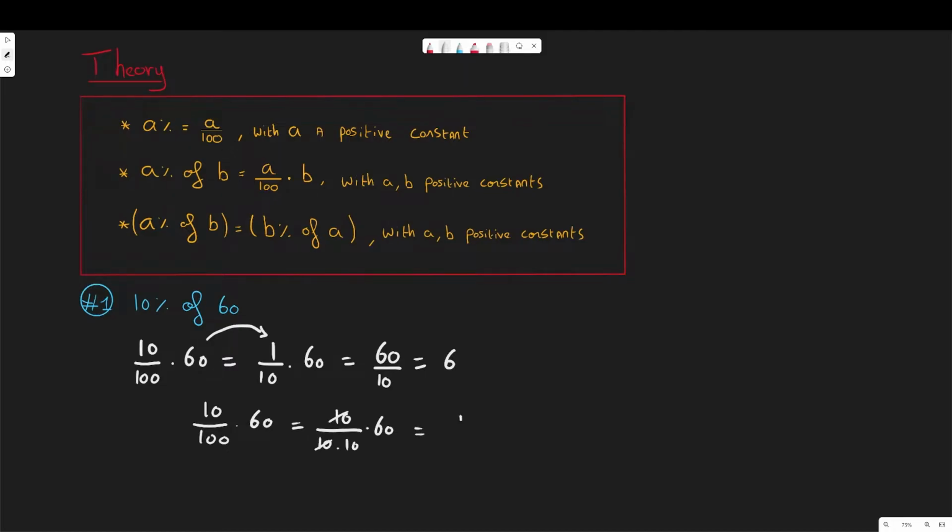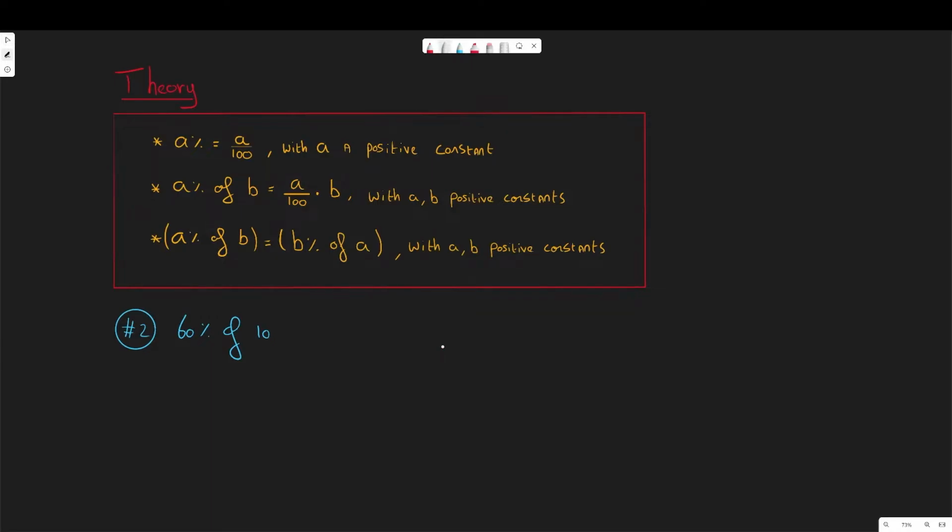So now we'll get 1 over 10 times 60, which is the same as 60 over 10. And 60 is just 6 times 10 over 10. So now the 10s will cancel each other out and we're left with 6. So I don't know if this way is better for you, but if it does, great. So 6 is our answer.